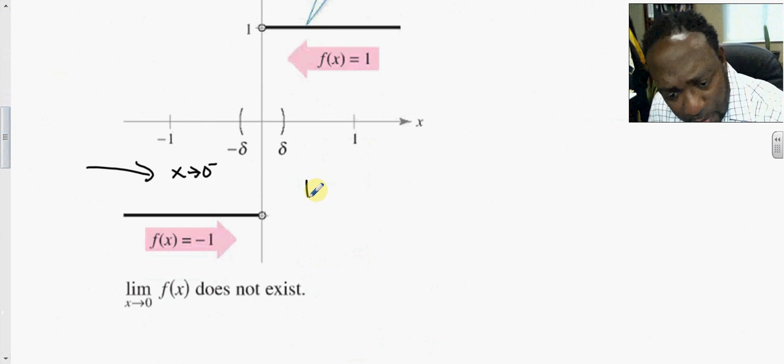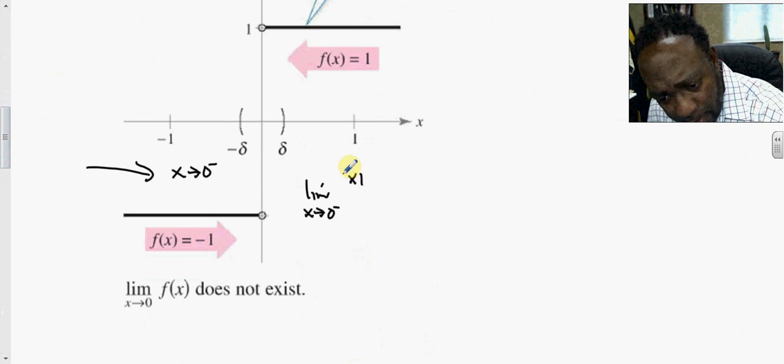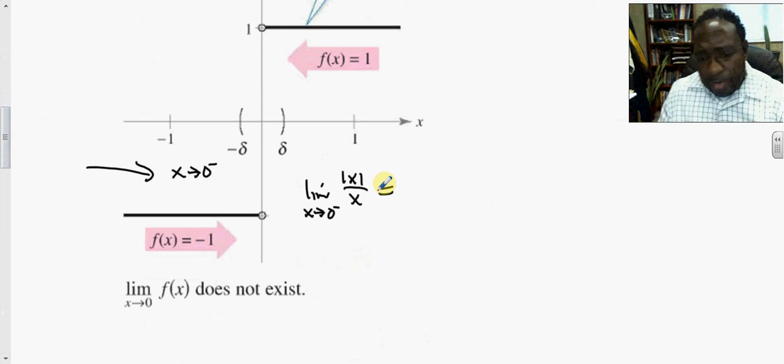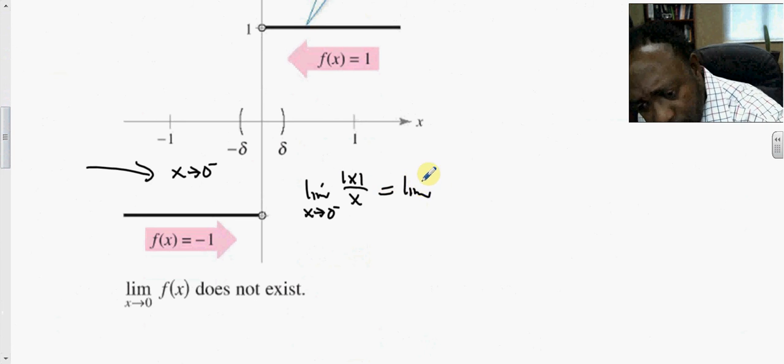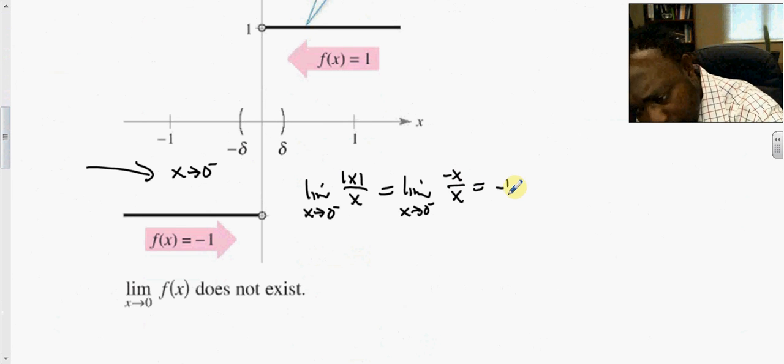So we have the limit as x approaches 0 from the left of the absolute value of x divided by x. Well, we drop the absolute value sign, but we negate the x as well. So this becomes negative x divided by x. We get negative 1.